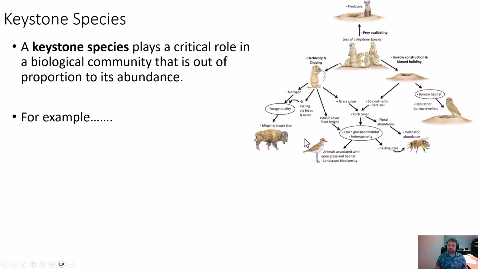You start losing other organisms like birds and other things that would be feeding on the insects, the pollinators, or maybe they use a certain type of vegetation to build their nest.